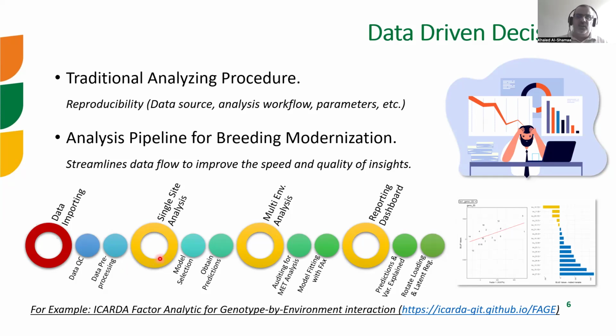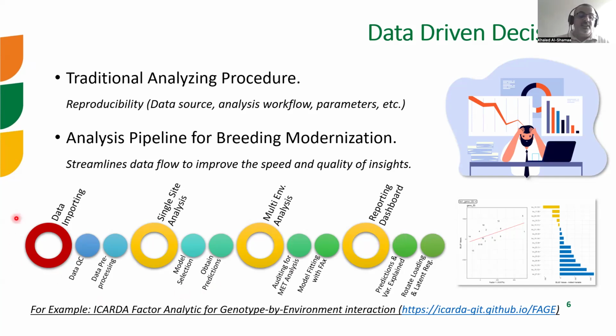For example, for analyzing multi-environment trials for wheat or barley or whatever the crop, you will start with a single site analysis for each of these locations, then do model selection and obtain the predictions. That goes to the next step in the pipeline to do the multi-environment analysis, then all kinds of auditing and modeling until you reach the reporting stage.